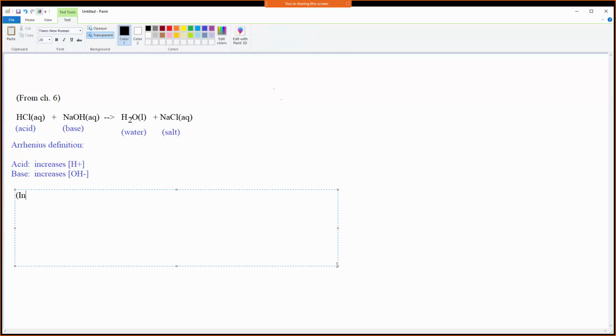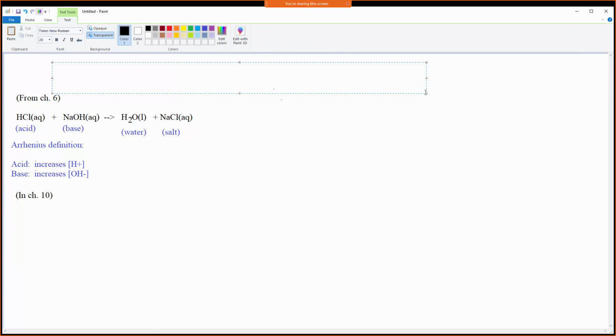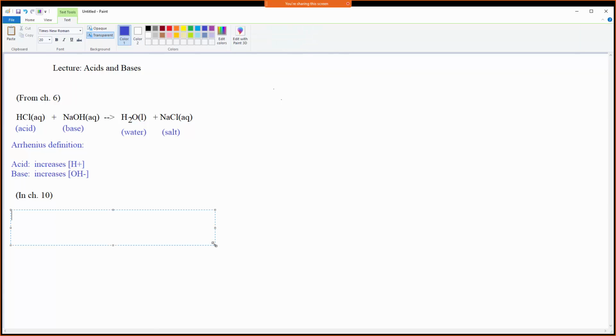So here we are in chapter 10. In this lecture, what we're actually going to do is define them just a tiny bit differently. This is called the Bronsted-Lowry definition of acids and bases.